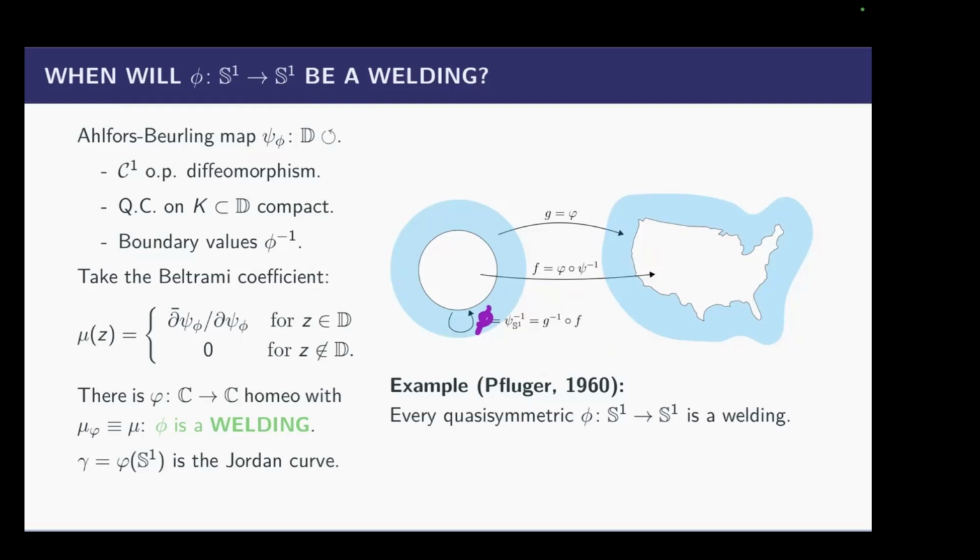If you can do this process, and this as an example gives you that quasi-symmetric circle homeomorphisms are conformal weldings, and this is the PDE that you need to solve. And what Mario mentioned is that Pauli Lecto gave a condition for when this PDE has a solution.